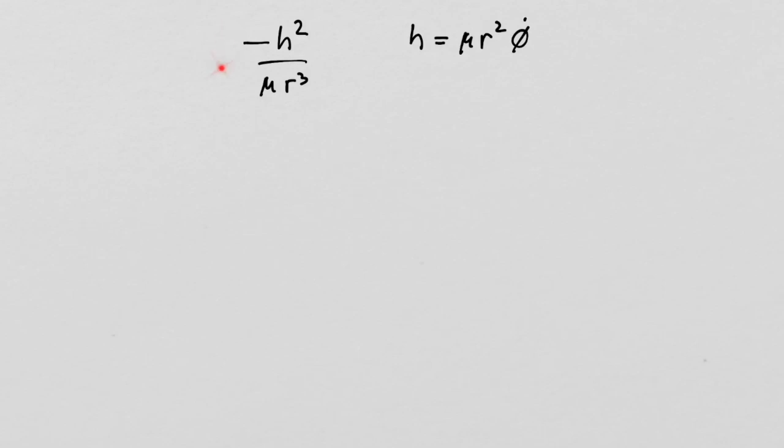In this case, our so-called fictitious force is minus h squared over mu r cubed. But h, we know from our constant of motion, is given by mu r squared phi dot. So I'm going to make that substitution, and I get minus mu r squared phi dot, squared, over mu r cubed.